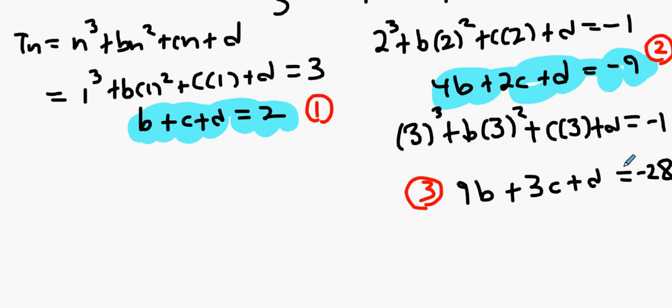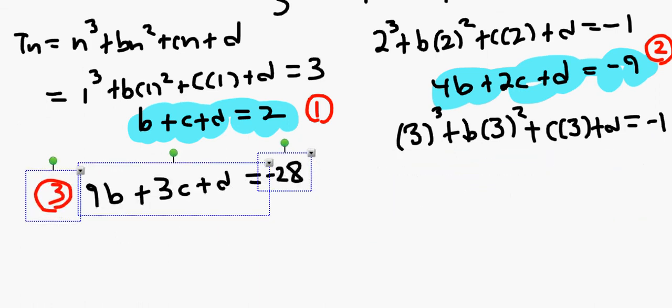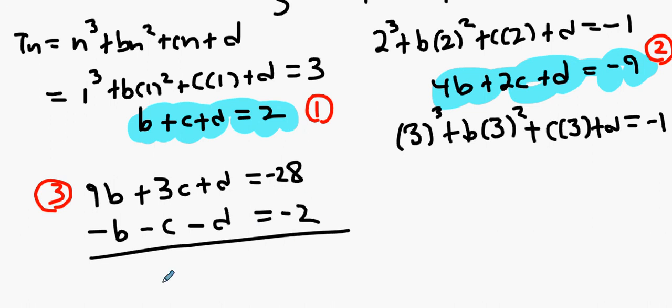Thanks. Alright, so I'm going to do equation 3 take away equation 1. So there's equation 3 there. I'm going to take away equation 1. There we go. And what do we get here? 8b plus 2c equals minus 30.